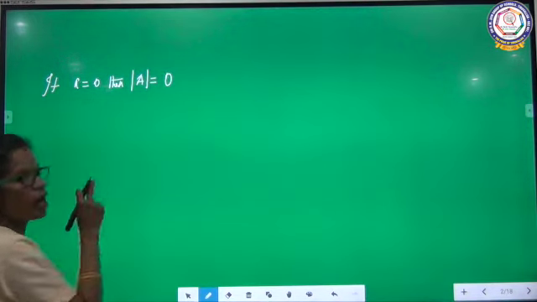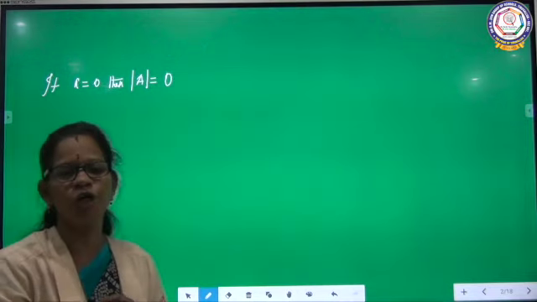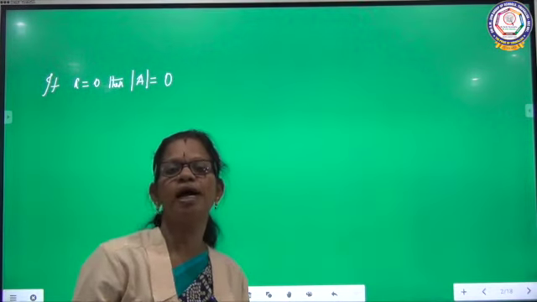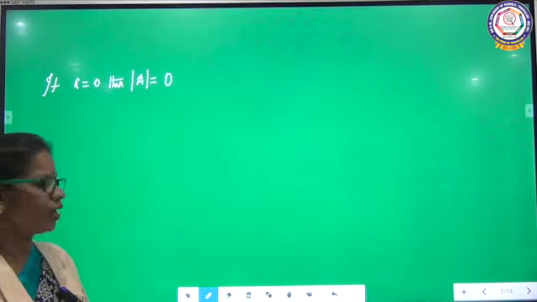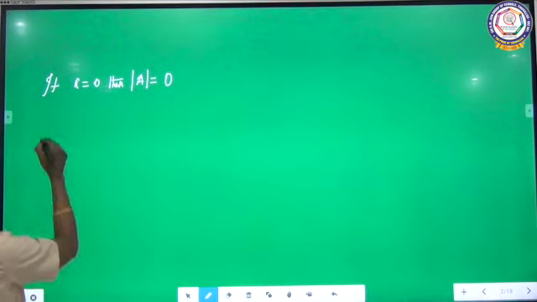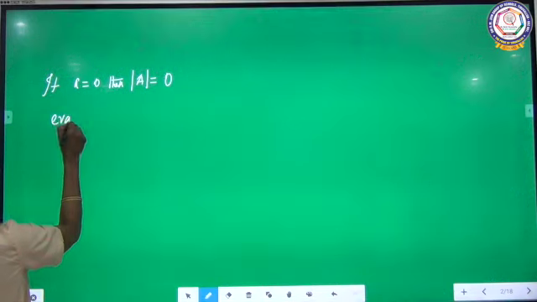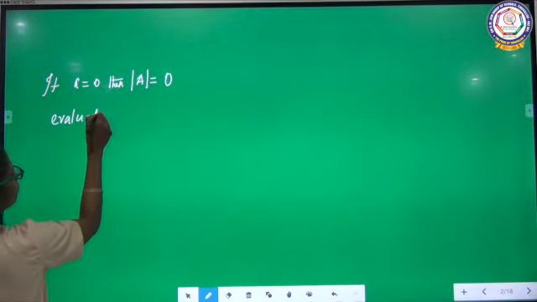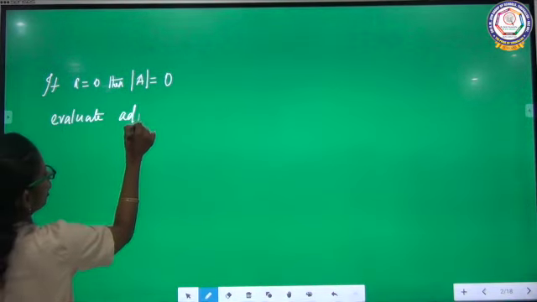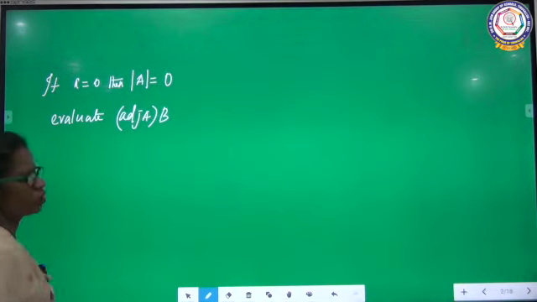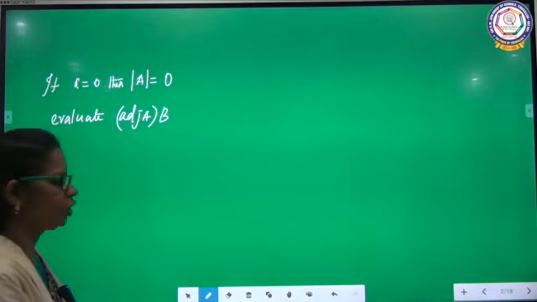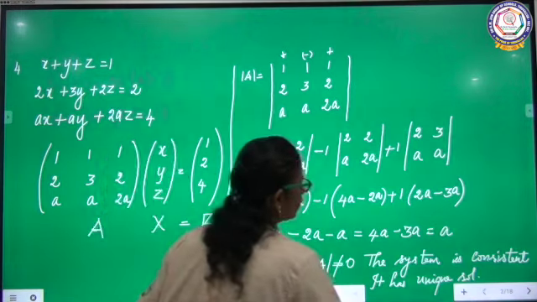Once you arrive at determinant A equal to 0, you want to evaluate adjoint of A, and check adjoint of A into B. What is our matrix A?